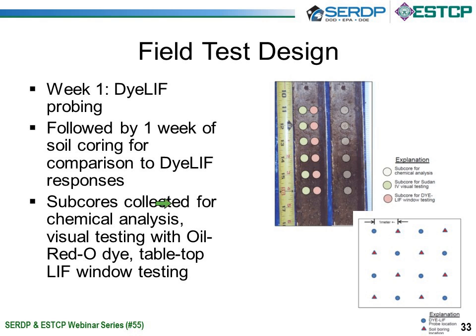And as I mentioned before, those soil cores, subcores were tested in 3 ways with the chemical analysis, the colorimetric dye shake test, and then the benchtop LIF testing. So about as rigorous a program of comparison to other methods as you could possibly develop.